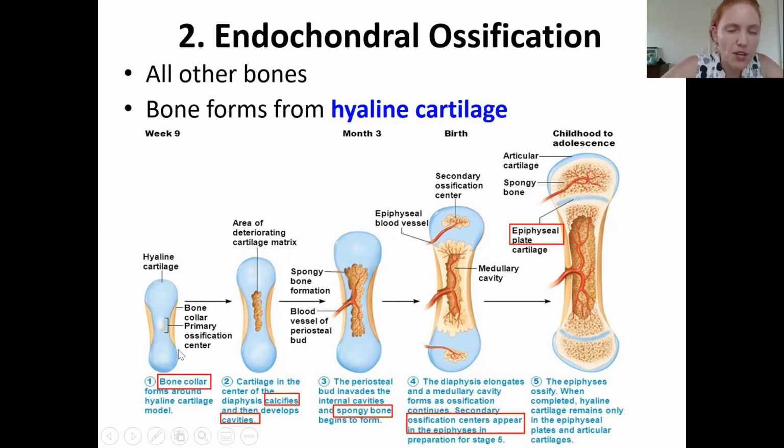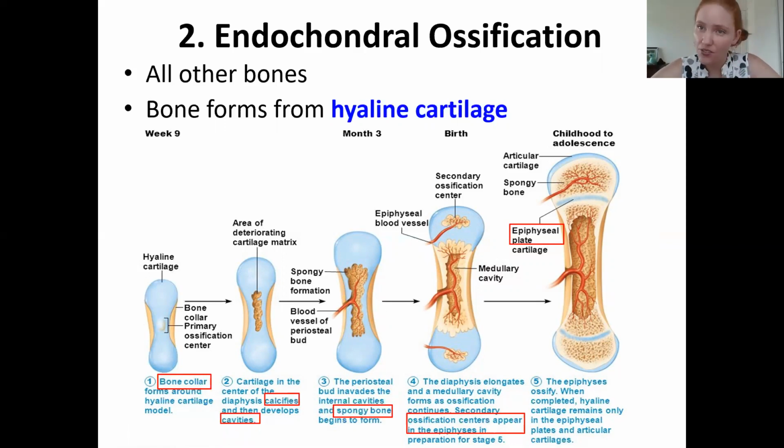So at this point, we have our hyaline cartilage that's made the little template. And then the first thing that's going to happen is we have what's called a primary ossification center in the inside. And then on the outside, we have a connective tissue layer called the perichondrium. Don't need to know that one. And that actually has osteoblasts in it. And what do osteoblasts do?